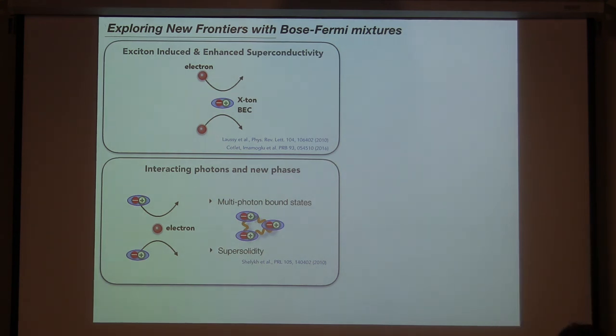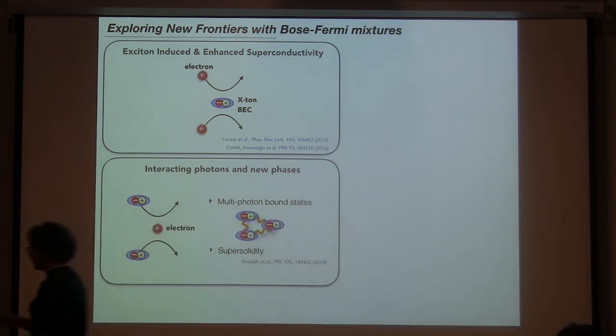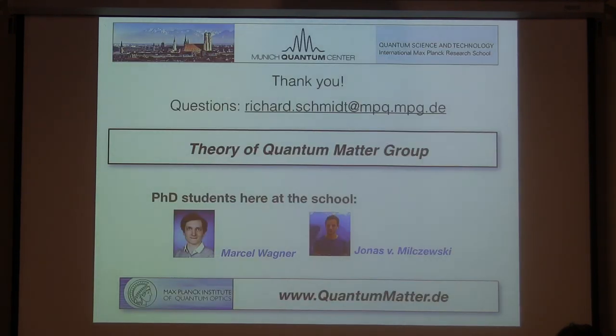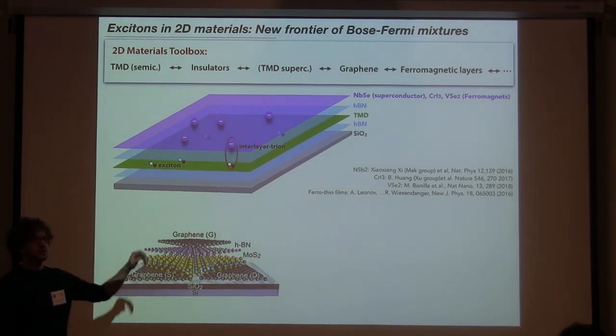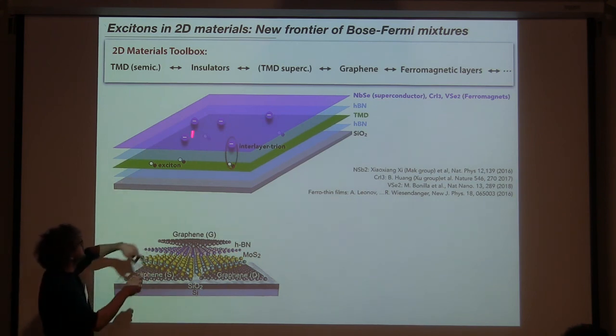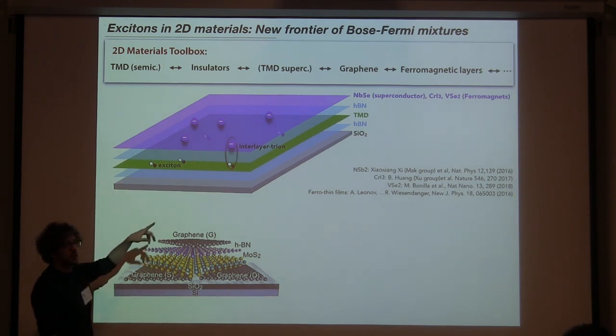But then the question is, can we make it superconducting? Can we build a little heterostructure where we have one layer in which we just have electrons, and somehow manage to make this system of electrons superconducting?